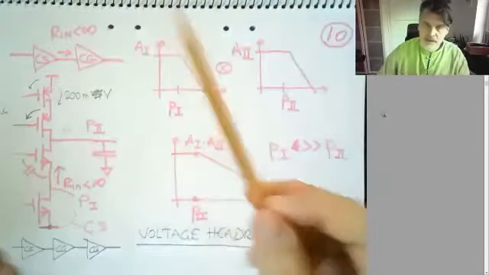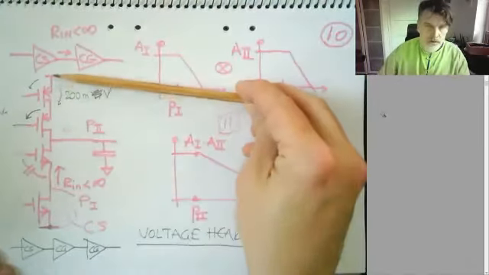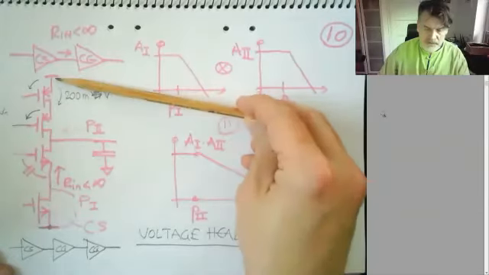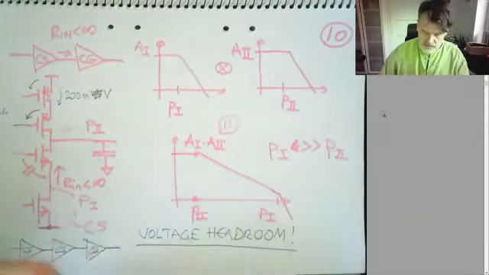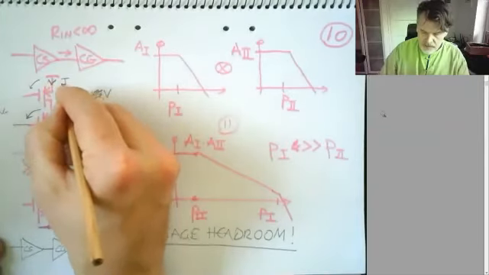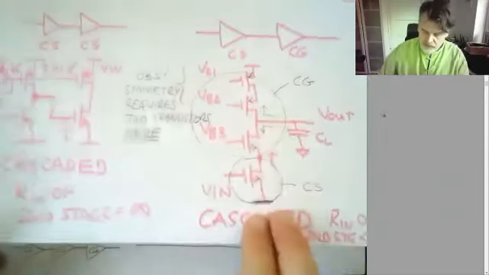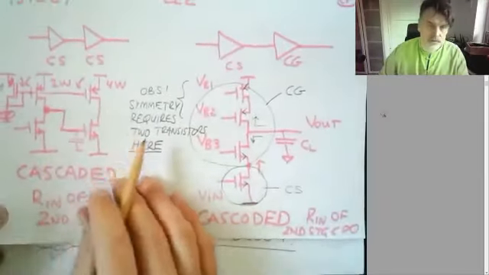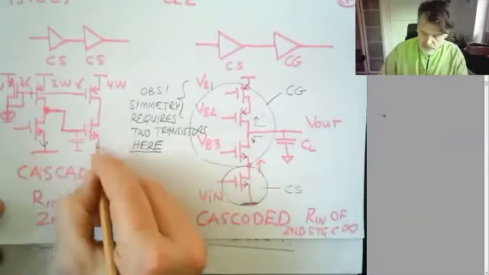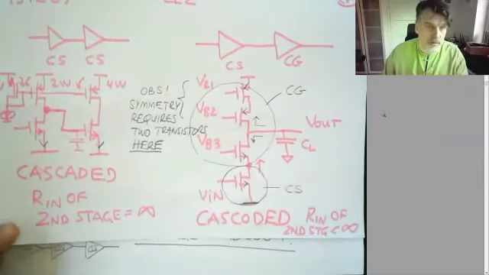It has another advantage. The current that goes through this branch is just one single ID. One current ID is required through all transistors to give me the same gain. Whereas if I go back to this case, you have two branches, which means it has to consume current in both of these branches.